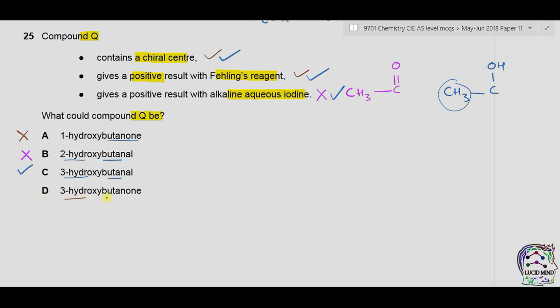In D we have 3-hydroxybutanone, as it is named, so it means it is a ketone of 4 carbon atoms. On the third carbon we have OH, as it is 3-hydroxy. Rest are the number of hydrogen atoms. We do have a chiral carbon, as it is attached to 4 different groups.